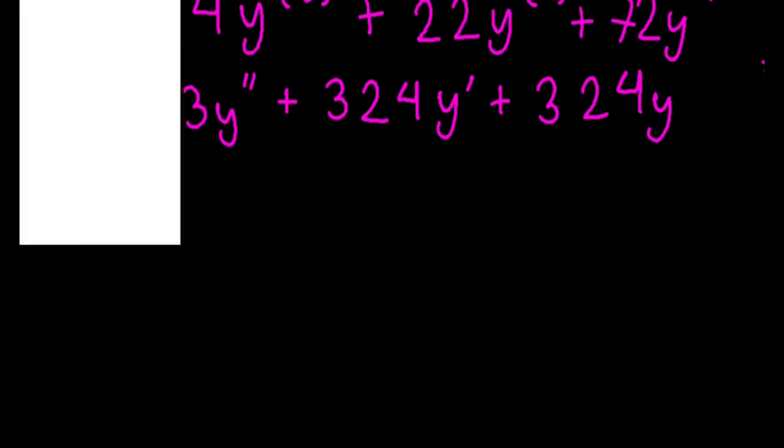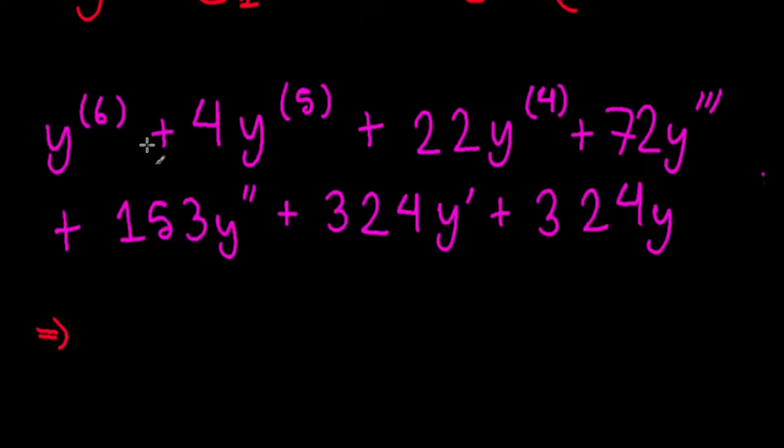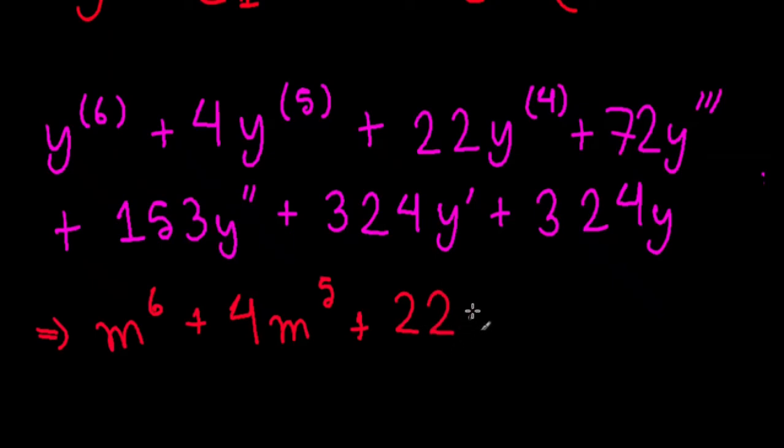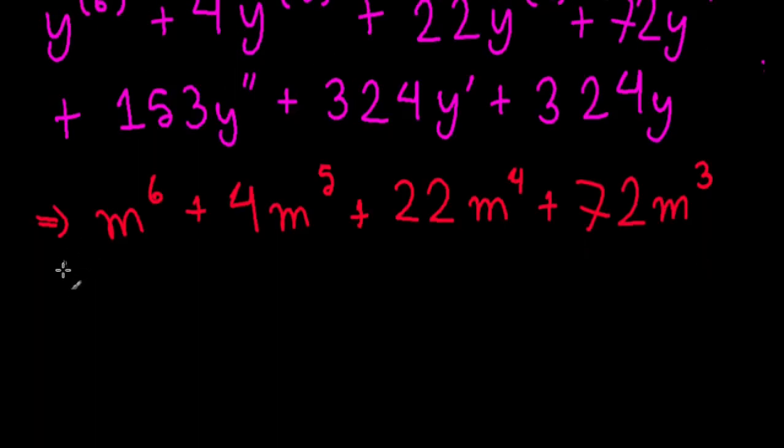Now, just like before, we need to first write our characteristic equation. We have the sixth derivative, m to the power 6, plus 4 m to the power 5 plus 22 m to the power 4 plus 72 m cubed plus 153 m squared.